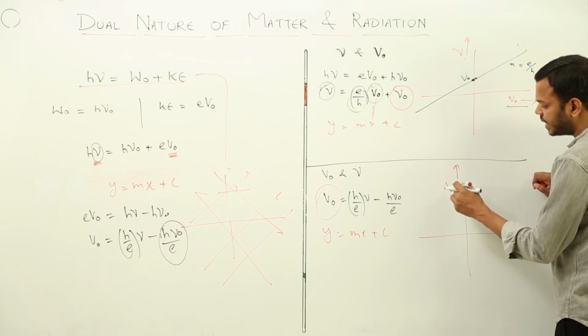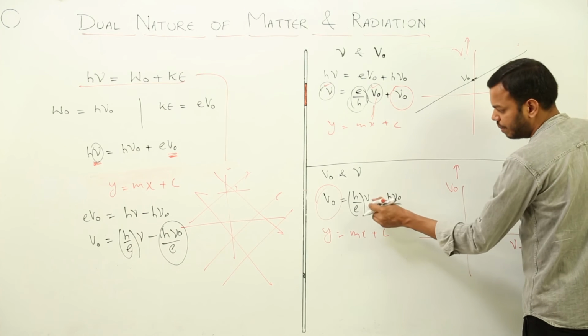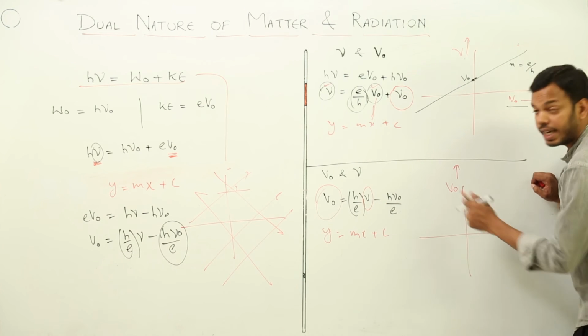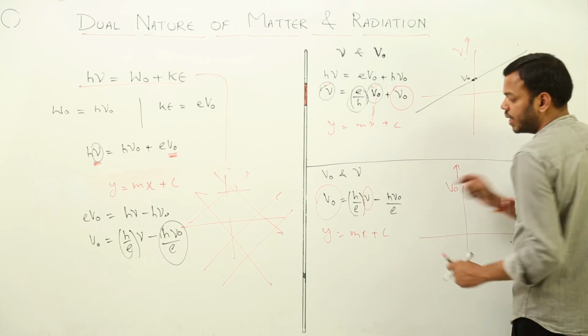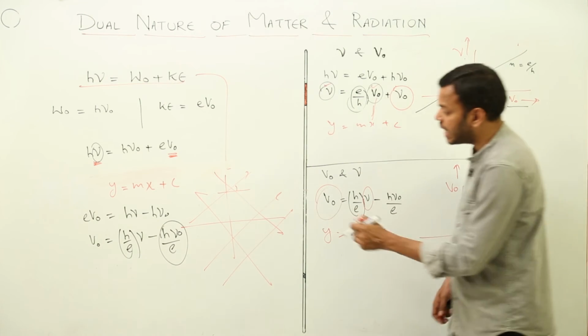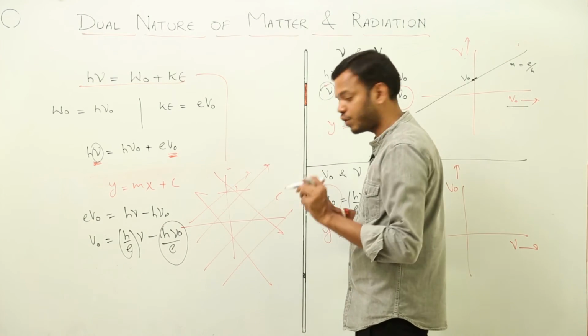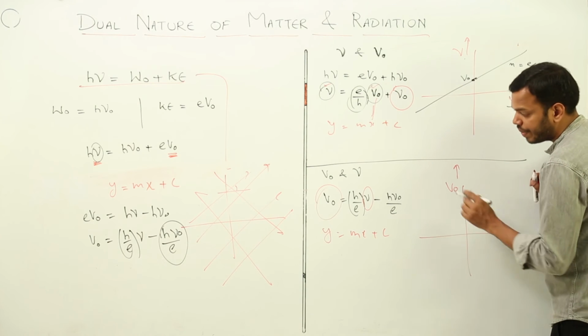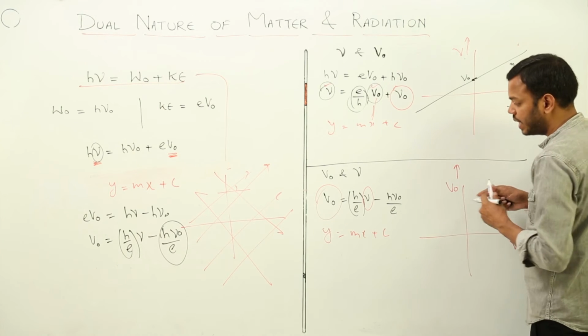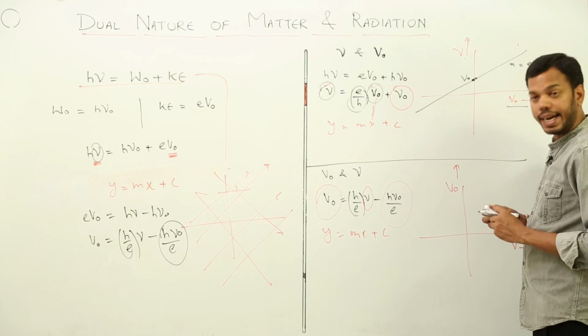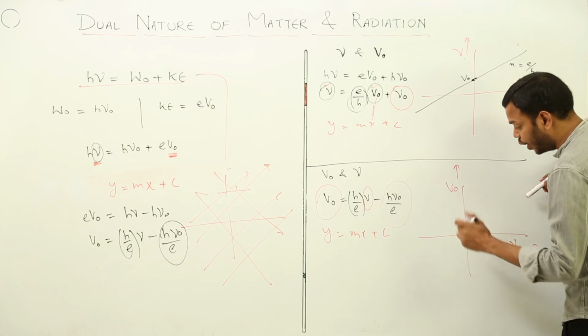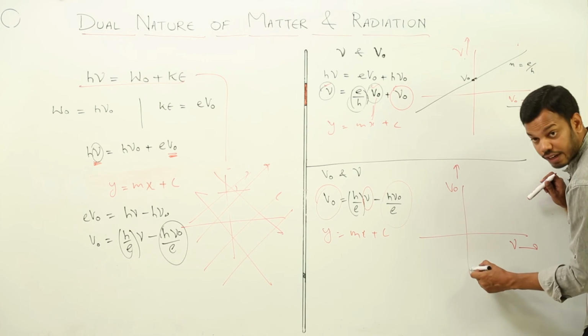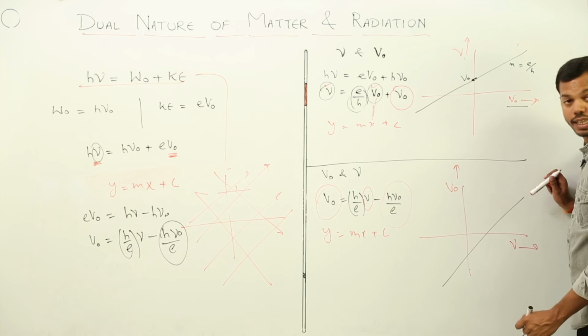So the y-axis has stopping potential, the x-axis has frequency, then the slope. Slope is positive. Positive means the line is going to go like this, positive slope. So this is also clear that our line will go somewhere here. But the y-intercept portion is negative. Negative means our line is going to cross the y-axis on the negative side. So the graph will go something like this.